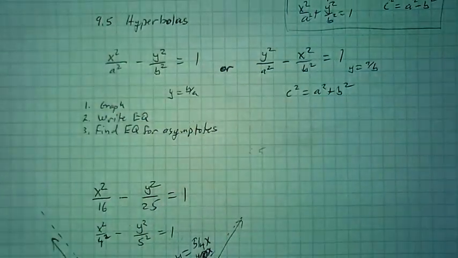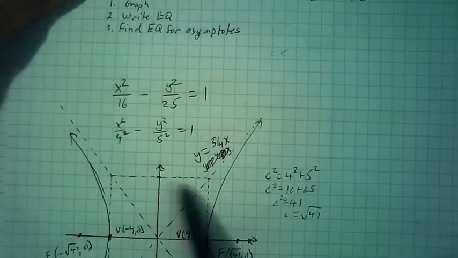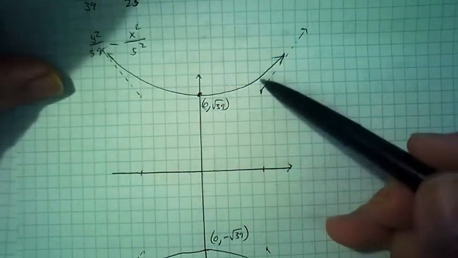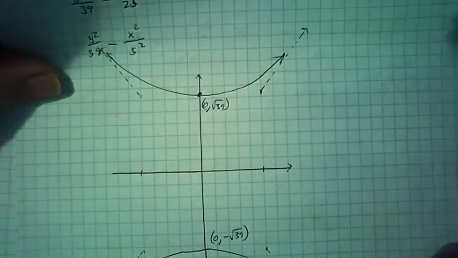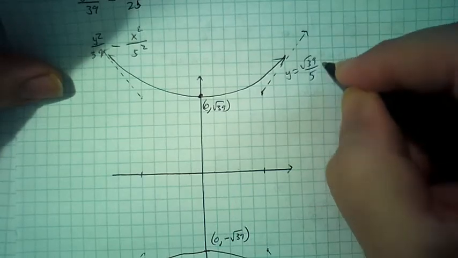But it's just rise over run. So if you can draw the box, you can count the slope. 5/4 for this one. This one was square root of 39 over 5, which is very annoying, but doable.